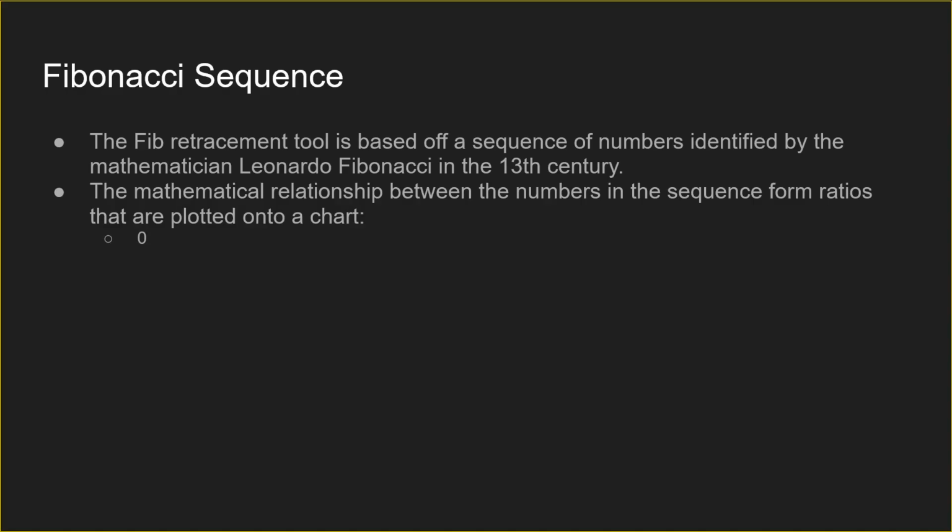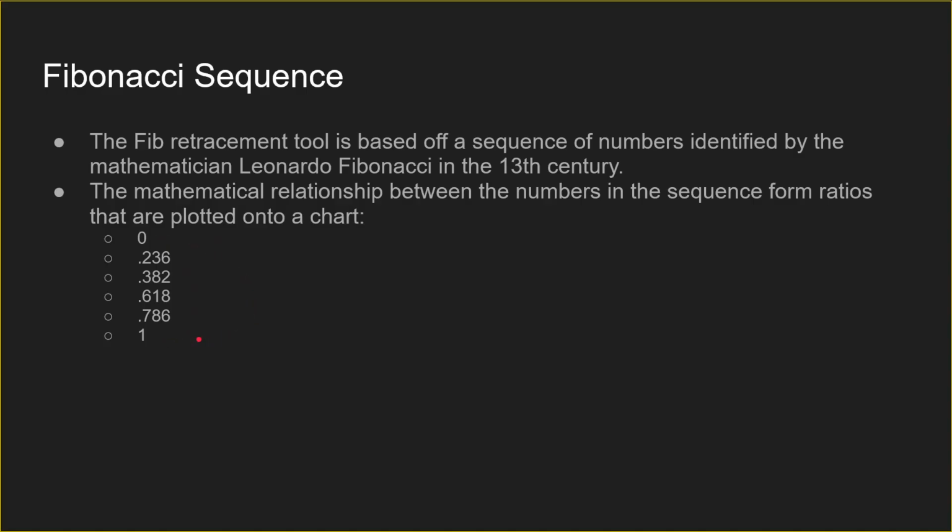And we'll see these different ratios: 0, which would be your starting point, 0.236, 0.382, 0.618, 0.786, and then 1, which would be your ending spot. Depending on where you started and where you ended, you would start with 0 and end with 1, and we would see these different numbers, basically the ratios between your starting point and your ending point.